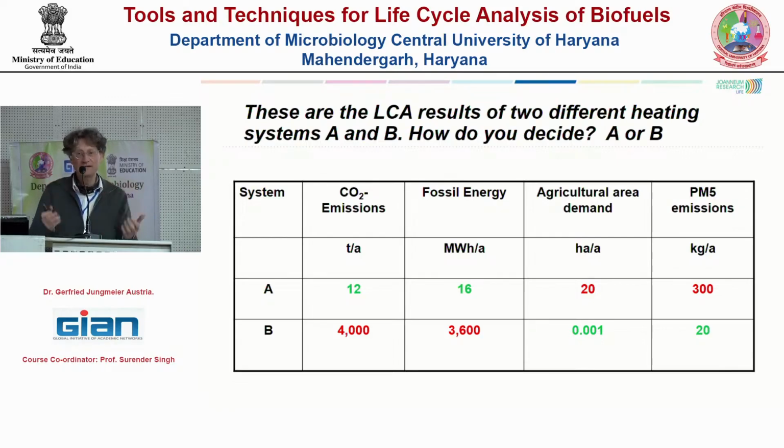Both systems provide the same service. Here you find the units in tons or in megawatt hours per year. You see system A is good in 2 categories. The green one is good and the red one is bad. And system B is good in the other 2 categories, and vice versa.